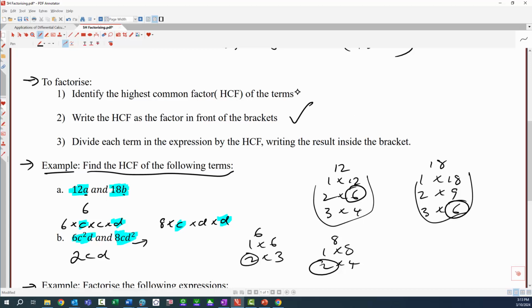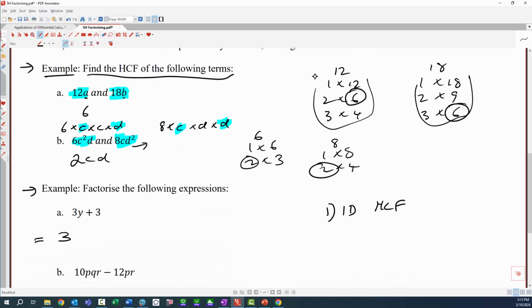We've identified it and I'm about to write it. So step 2 is write the HCF in front of brackets.